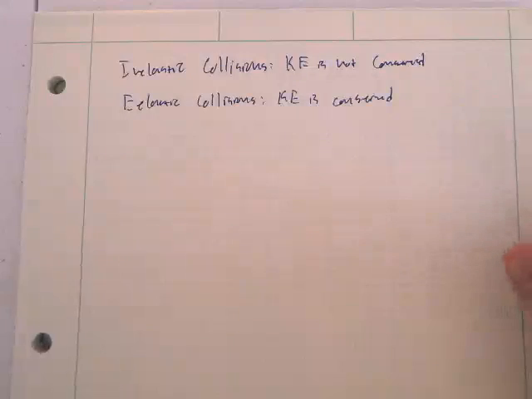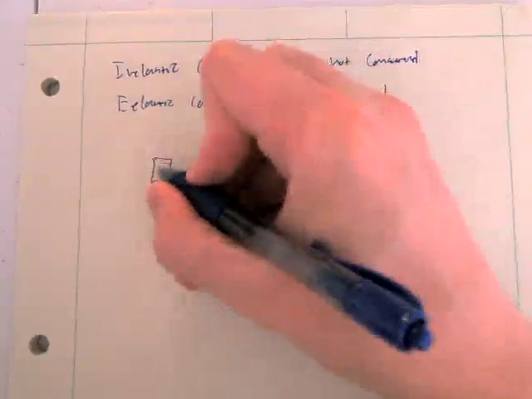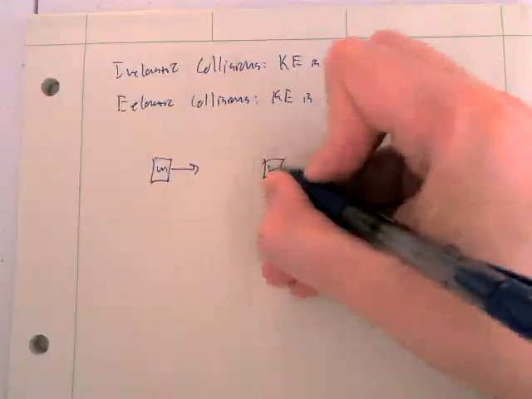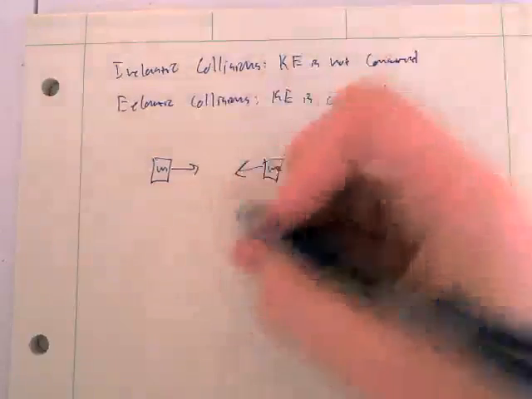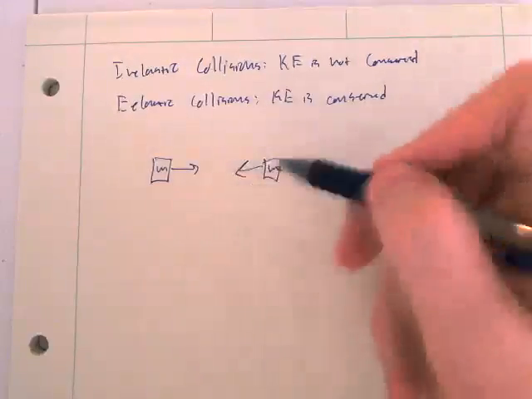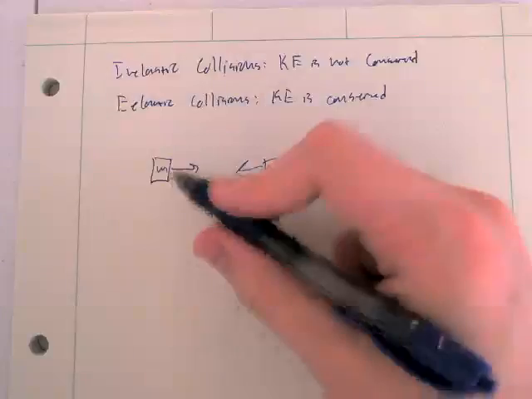So for the inelastic case, what would our equations be? It would be very simple. We could say this: if you have two objects, M1 comes in like this, M2 comes in like that. With these, direction does matter, so make sure you pick a direction and are consistent with it. You can call M1 positive, moving in the positive direction.